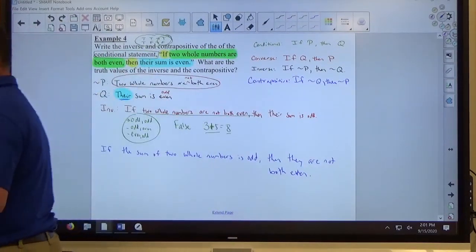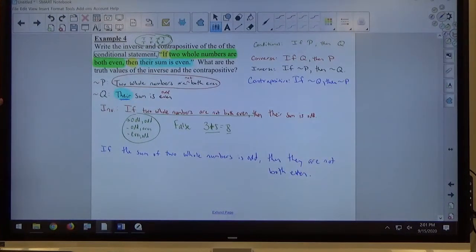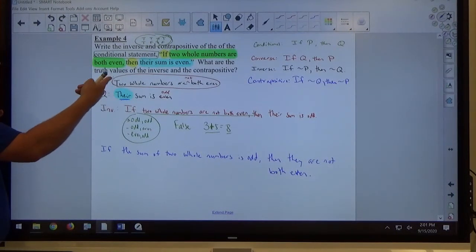Let's take a look at that. So again, all I did was I just put if not Q, then not P.